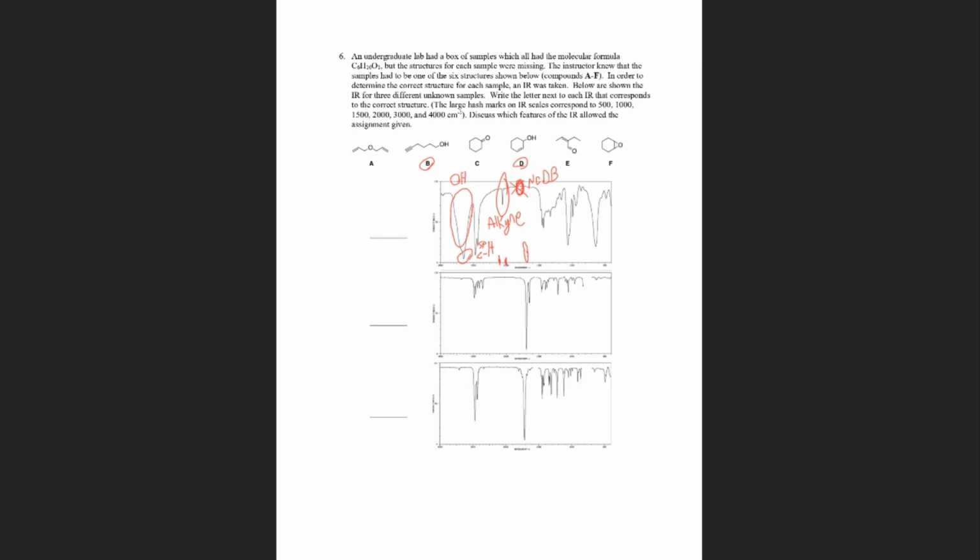So this is this hydrogen. So with that, the first one is B, because we eliminated D based on the fact that this doesn't have a double bond peak, and then we confirmed B because it has an alkyne peak, and then the alkyne is terminal.